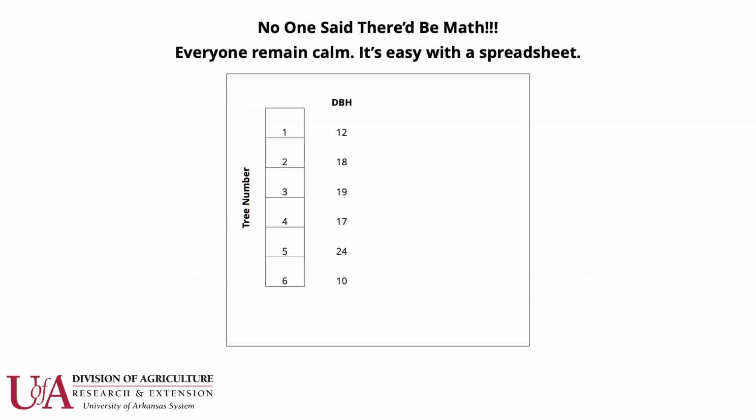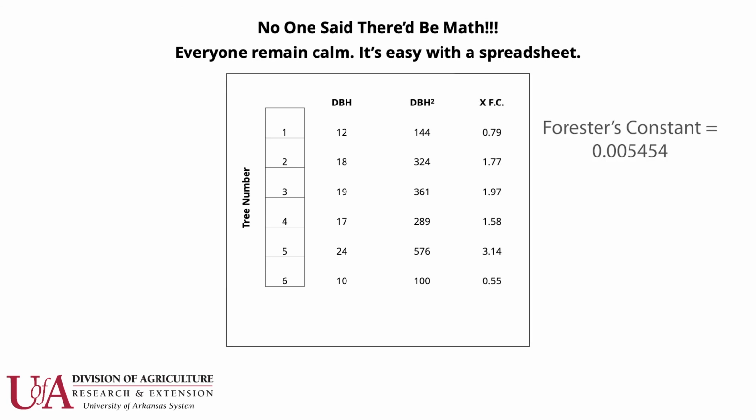In order to calculate basal area, you first take the diameter that you recorded, square it, and then multiply by the number 0.005454, which is called the Forester's constant, and is used to turn the diameter into square footage. When you do that, you get a small number for each tree.